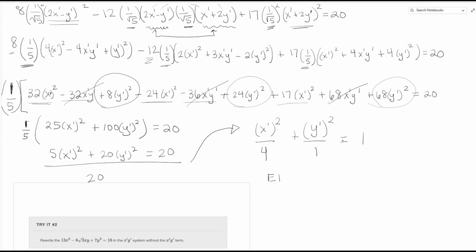This is also an ellipse. A is 2, B is 1, C would be square root of 3, because for an ellipse, A is the largest. So 4 minus 1, yeah, square root of 3.